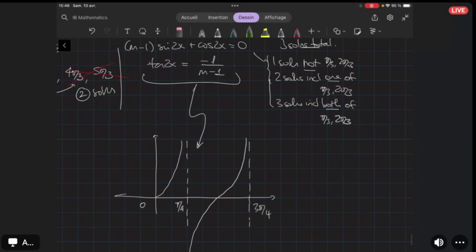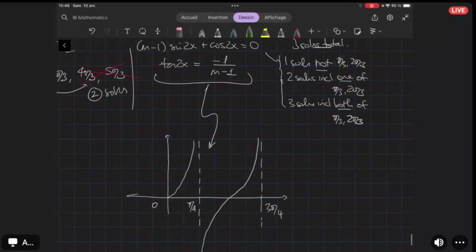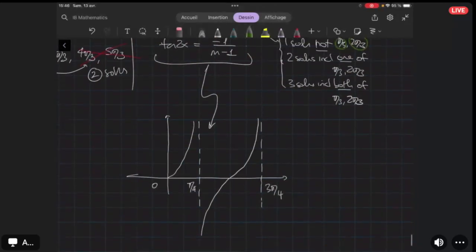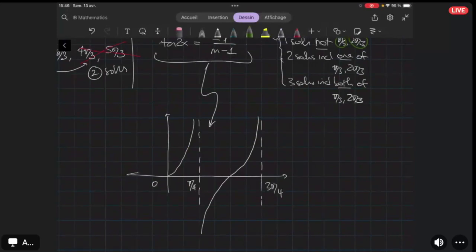What are our options? We know that pi over 3 and 2 pi over 3 are already solutions. That means that we have, let's say, this point over here, that is a solution. Or that point over here, that is also a solution. Yeah, that part over here can also be a solution.